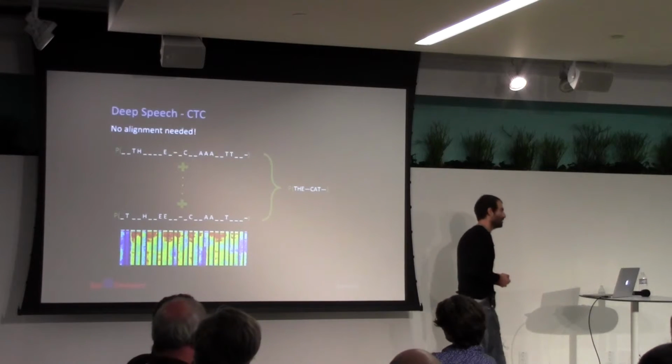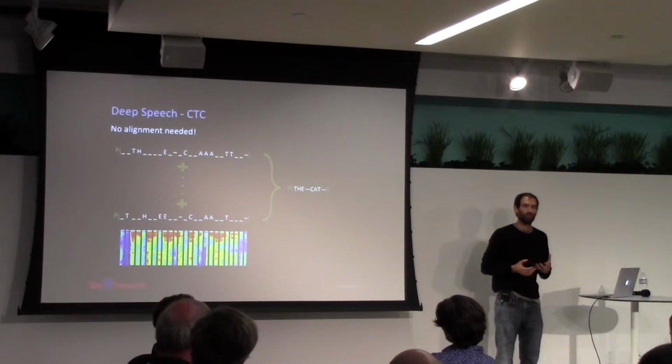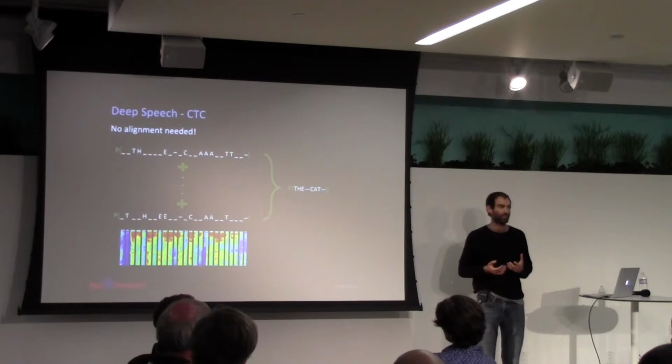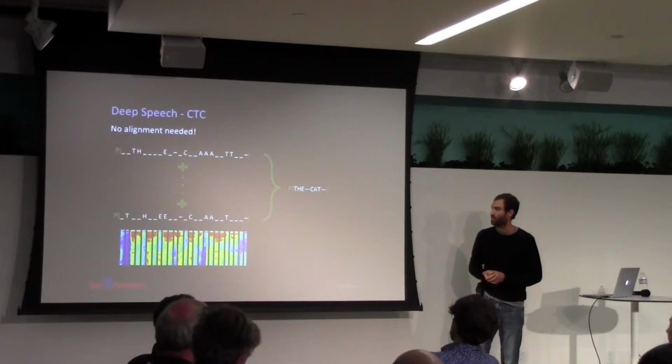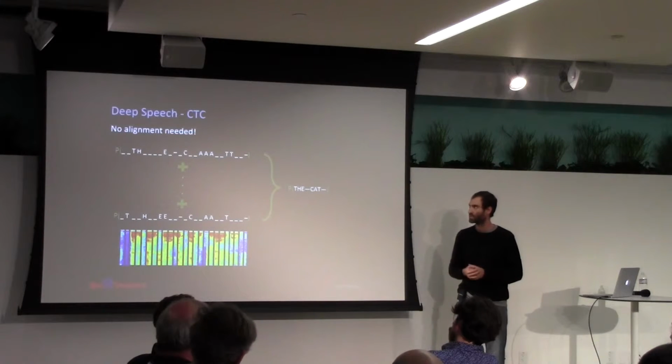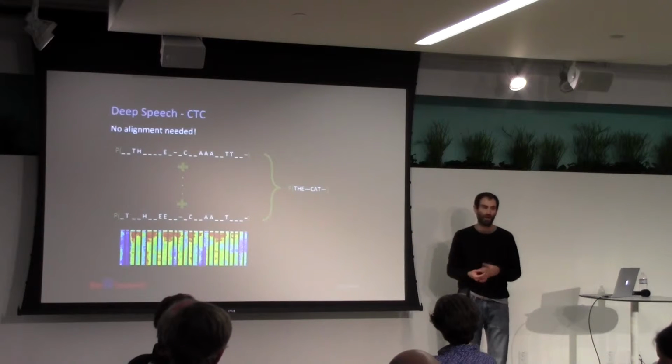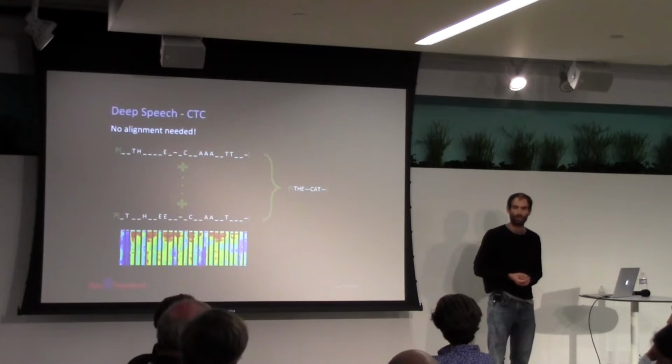And rather than force the network to assign a score to one such alignment, we let it assign the score to all possible alignments of blanks and letters which map to the cat under the operations I just explained.